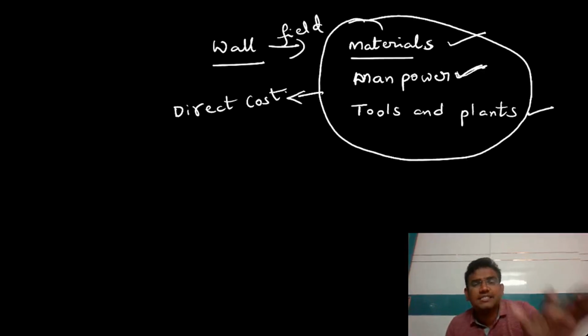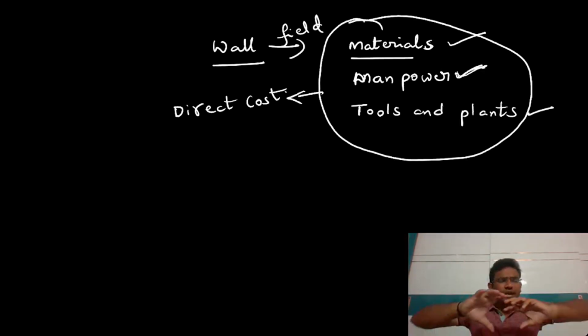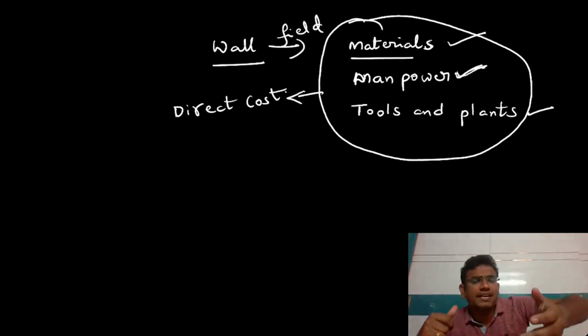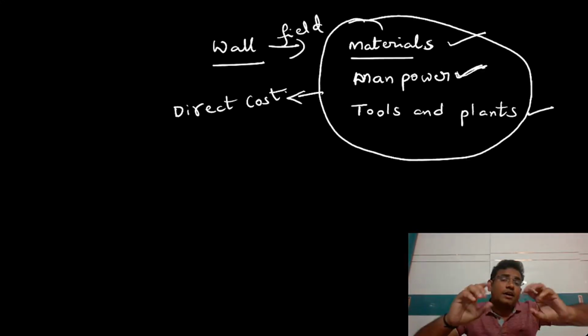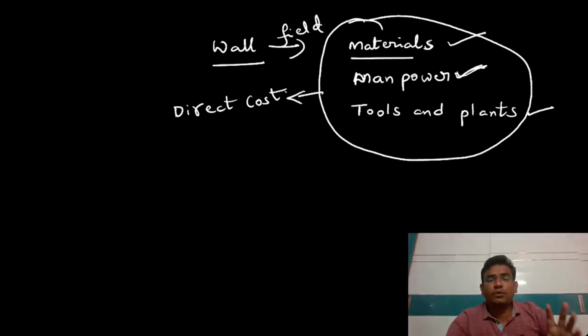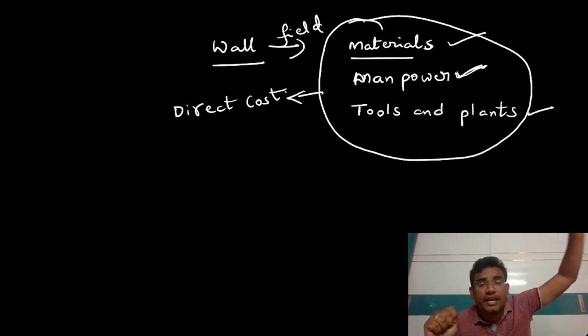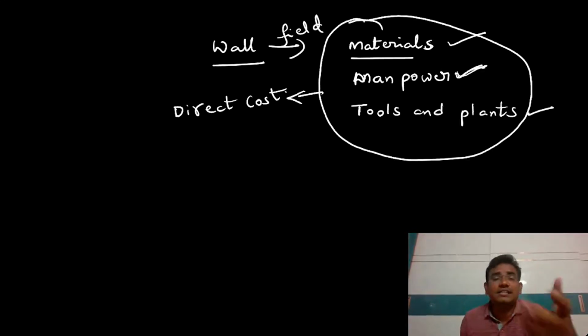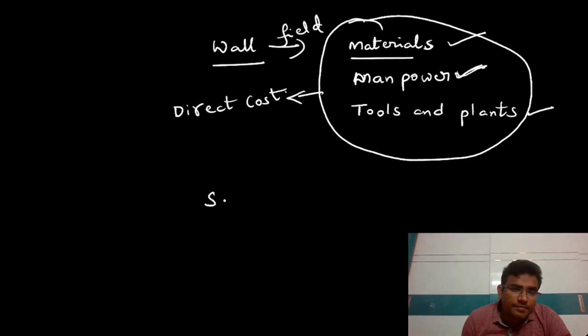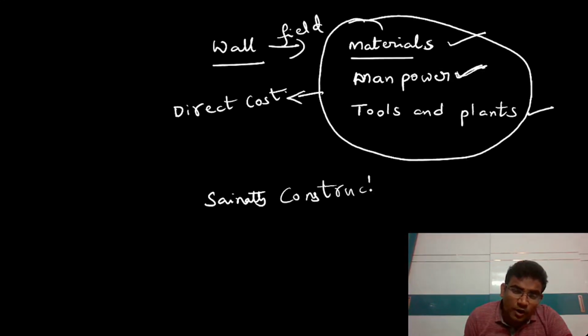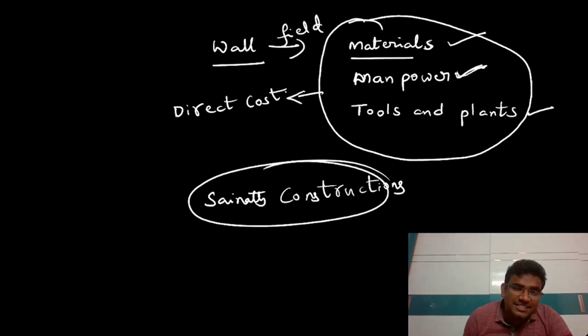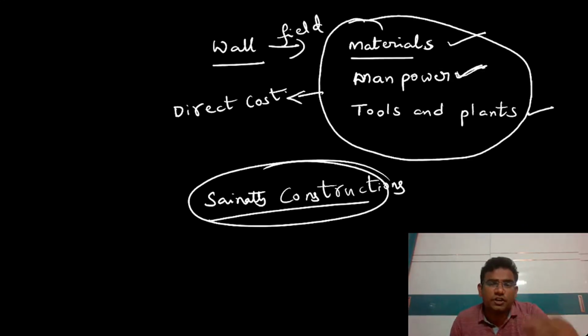Now tell me, guys, when this construction is happening, let us say the construction is done by a company, Sainath Constructions. Of course, Sainath Constructions is not real; let us imagine the construction of the building or wall is done by Sainath Constructions.